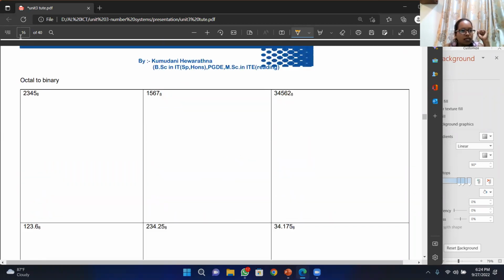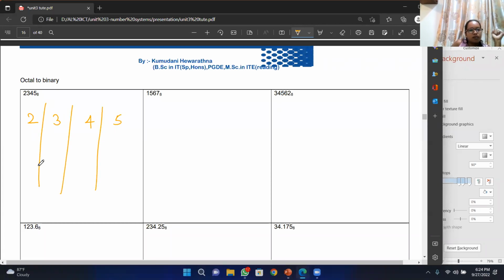Just come on to page number 16, octal to binary. We'll do it first and then we'll move on to the next one. 2 3 4 5. Right? Write each of these digits as 3-bit binary numbers.